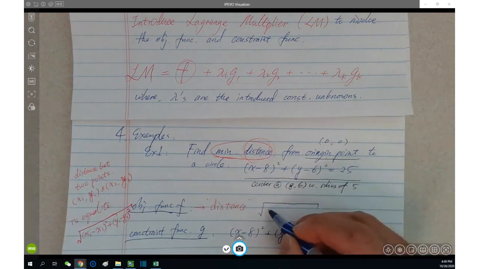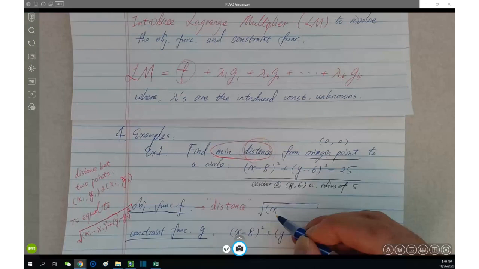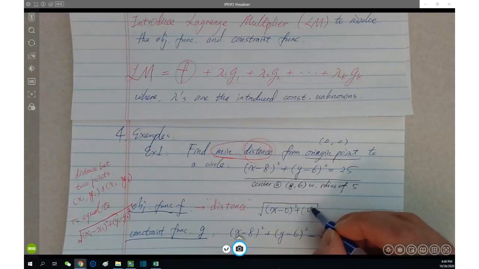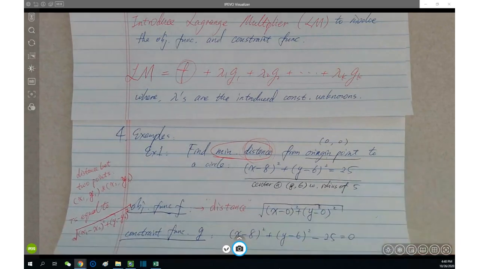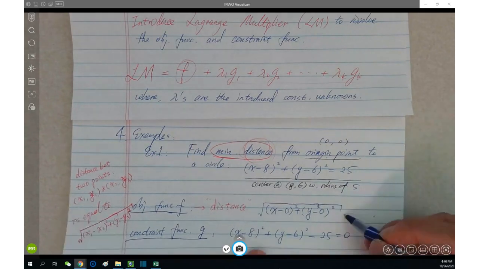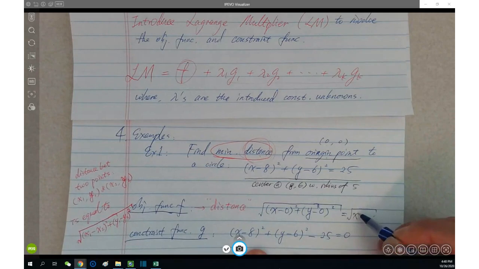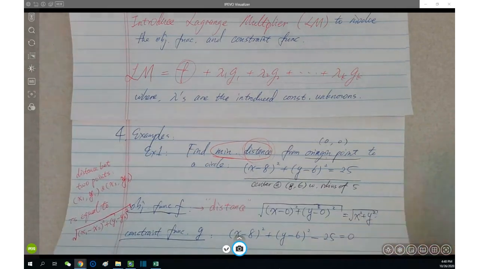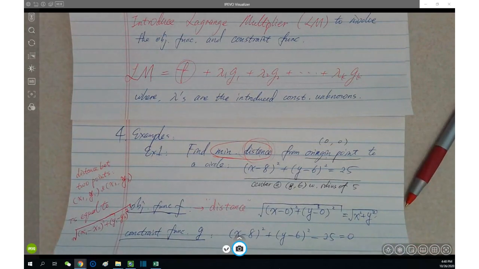How about unknown point with coordinate x minus 0, plus unknown point y coordinate minus 0, squared, and then total square root. Pretty much square root of x squared plus y squared. This is the objective function, and how we find it: how you understand the given problem. This is the procedure you need to go through.